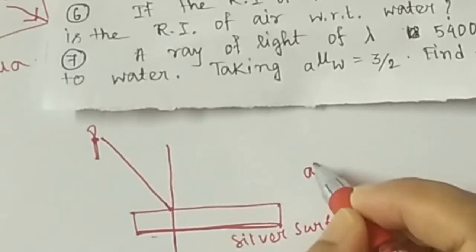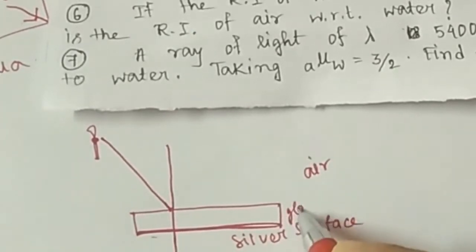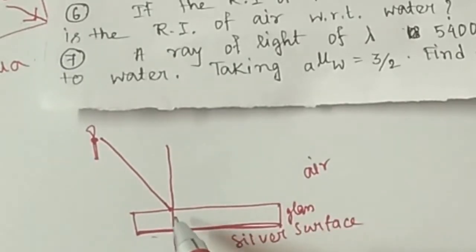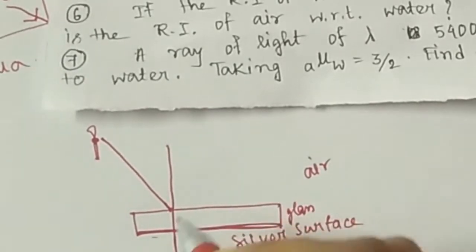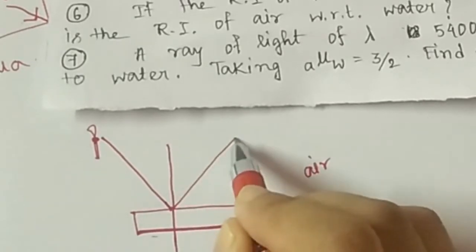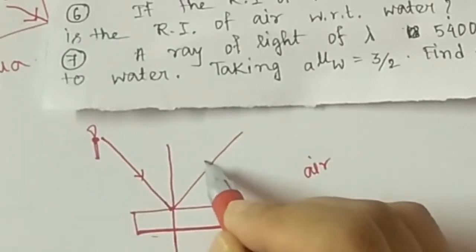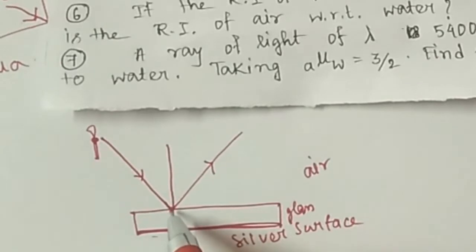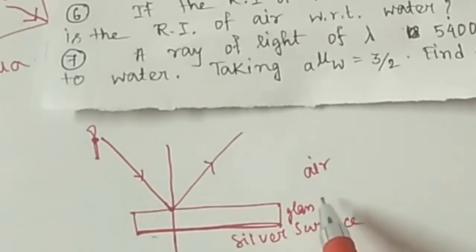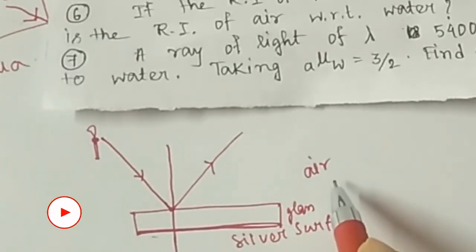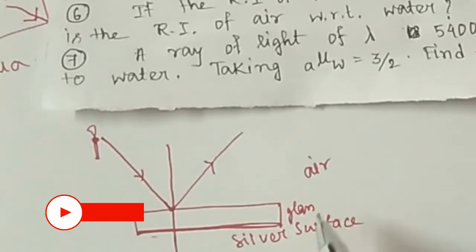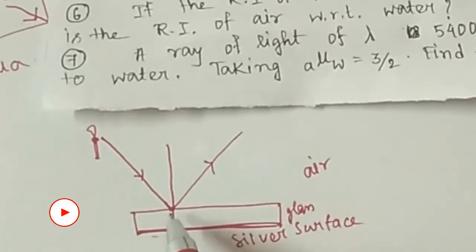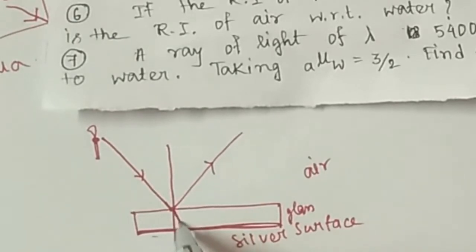This is your air medium and this is the glass medium of the mirror. Now one part of the light will reflect back in this way, but another part of the light will be refracted. As the velocity of light decreases from air to glass, the refracted ray will bend towards the normal, and when it reaches the silver surface, it will be completely reflected.